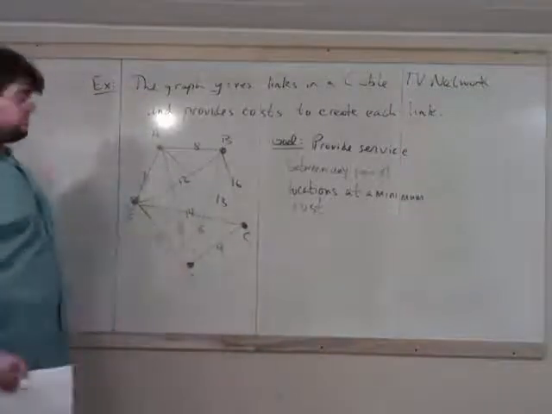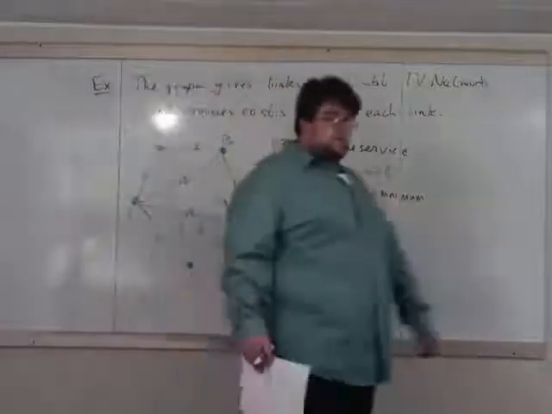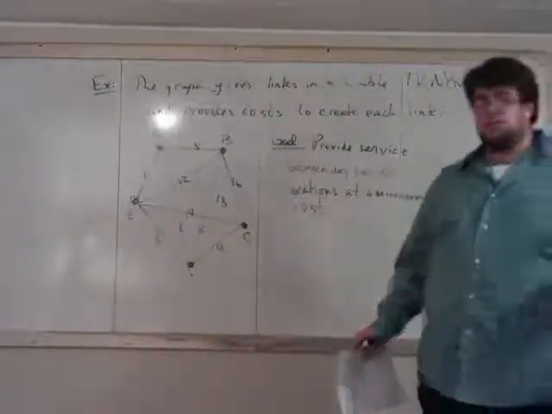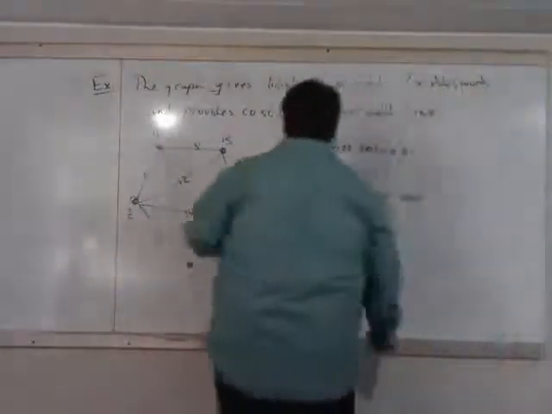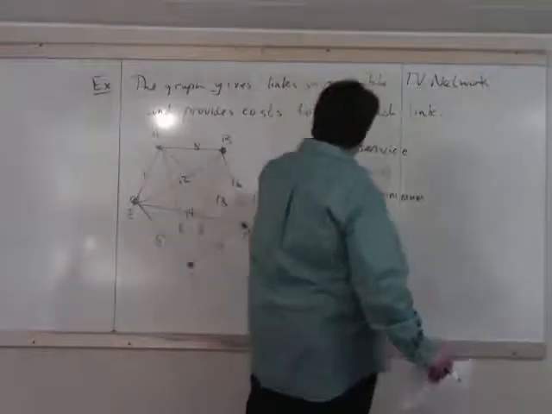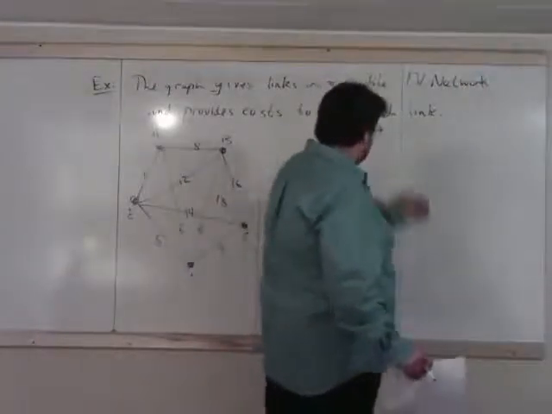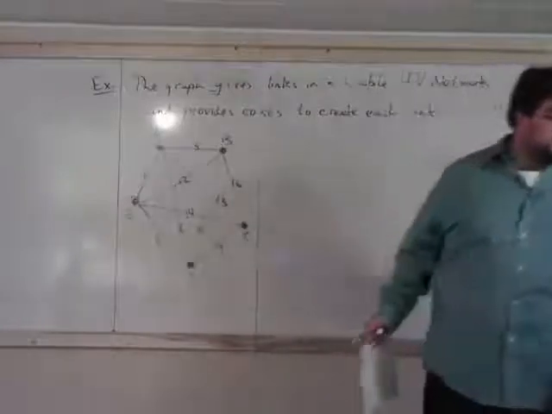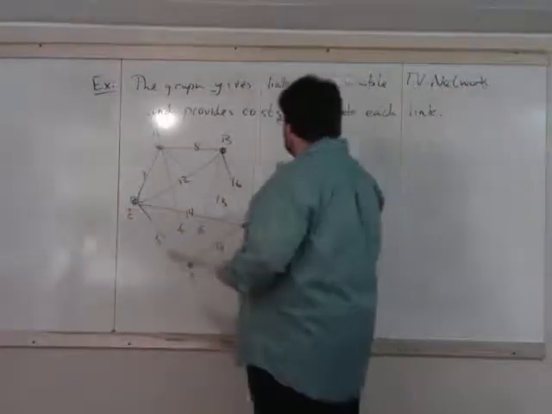And that's right. That method actually does give us a minimum cost spanning tree. So I'll write that algorithm down and then talk about it a little. It's known as Kruskal's algorithm.